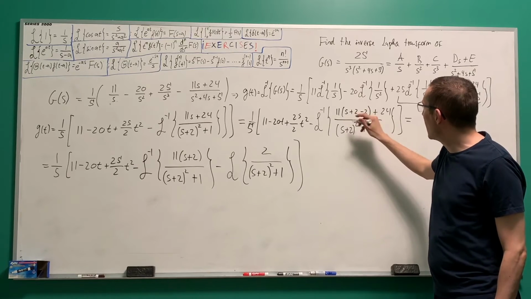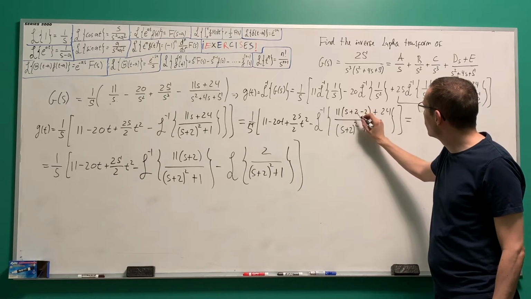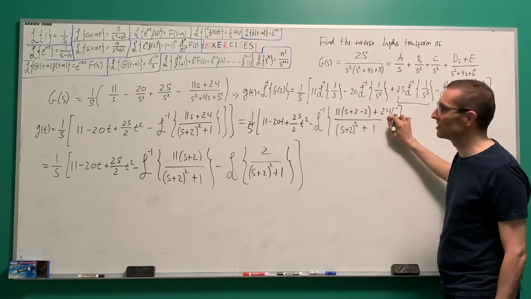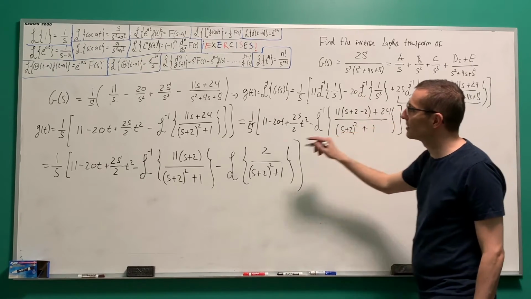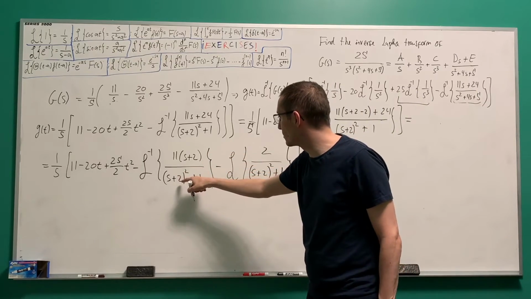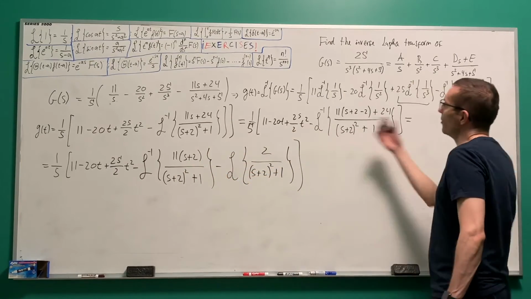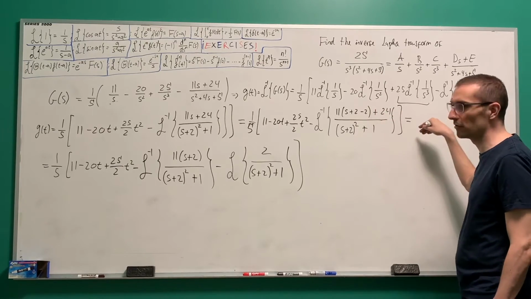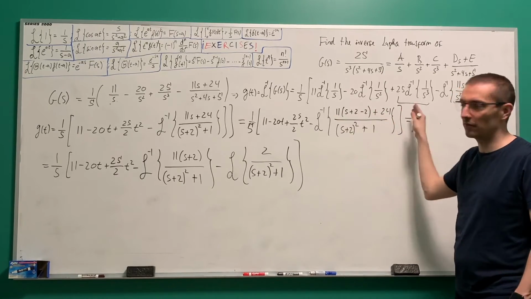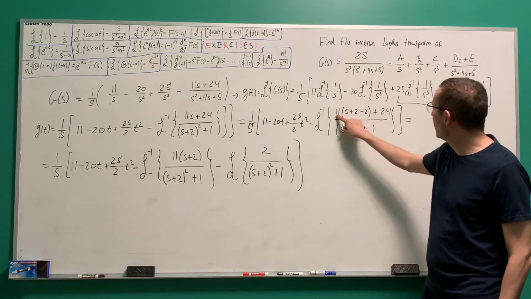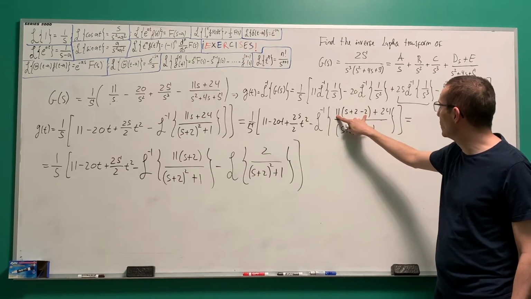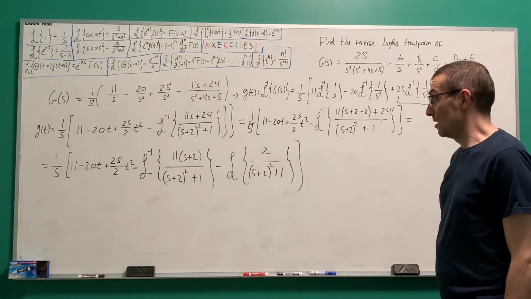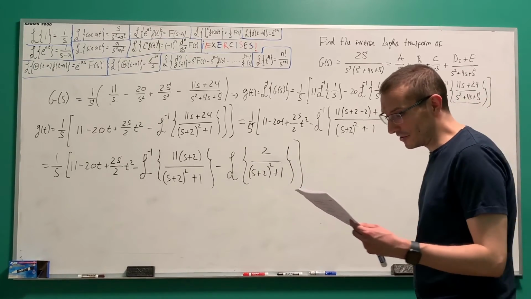But the nice thing is that I factor 11 s plus 2 in one term, and the other one, the 11 times minus 2, I shifted to this guy. So what I get in the end is 11 s plus 2 divided by s plus 2 squared plus 1, and then another fraction, because this is a sum of two fractions, right? I can put this 24 in a different fraction, with this 11 times minus 2 in a different fraction. And then it's 11 minus 2 is minus 22 plus 24, 2, divided by the same denominator. Okay, it's looking better.